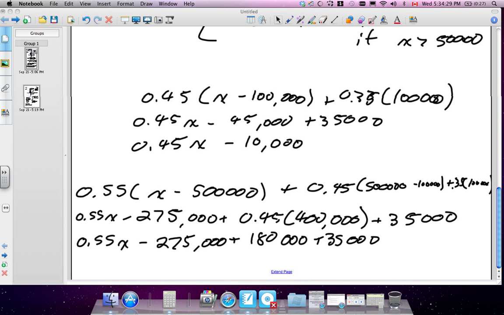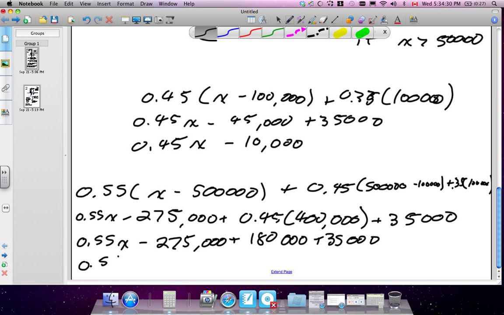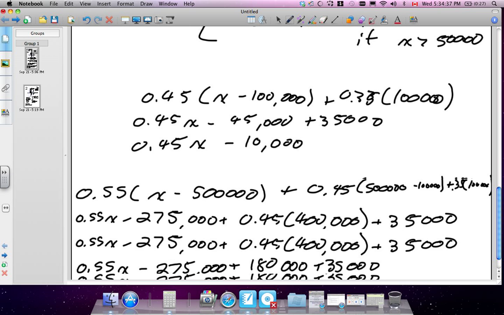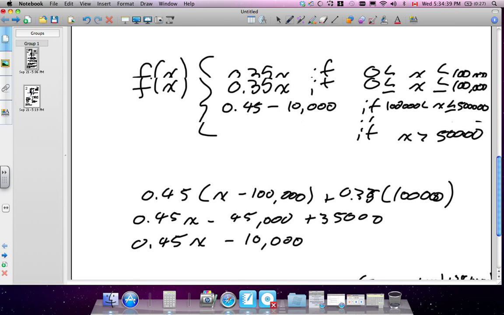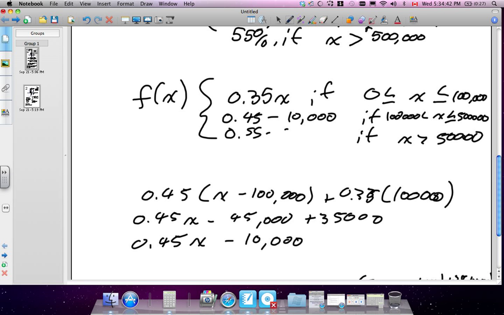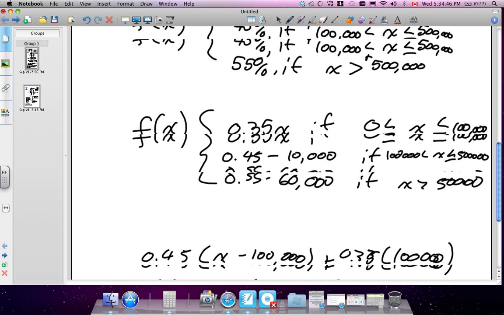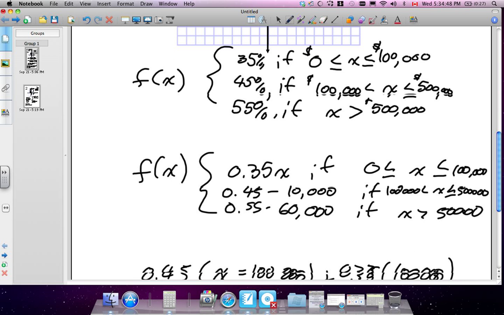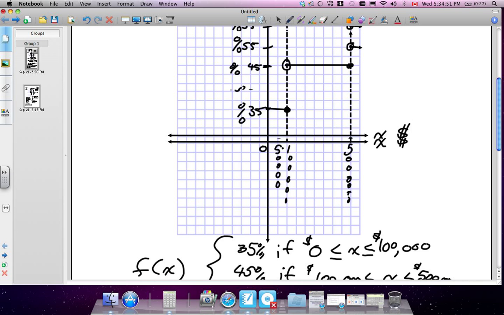So your last equation is 0.55x minus 60,000. And the reason the equation is set up that way is because before those points, we're not getting those same tax brackets. So the equation changes. We always start at a new point.